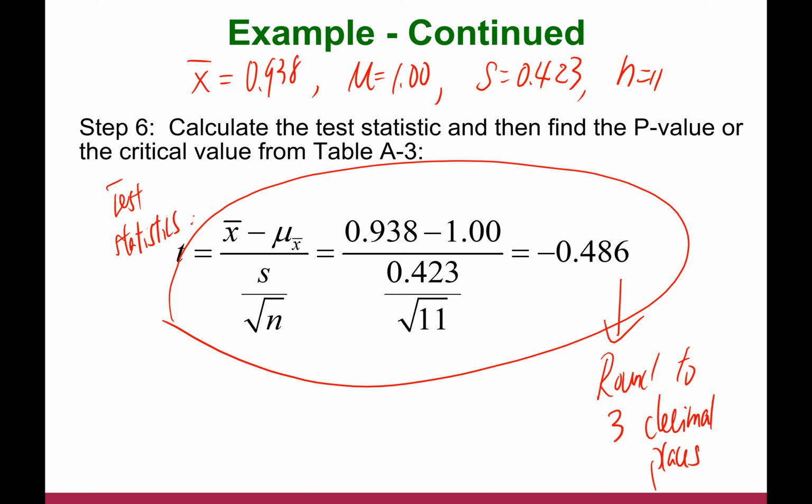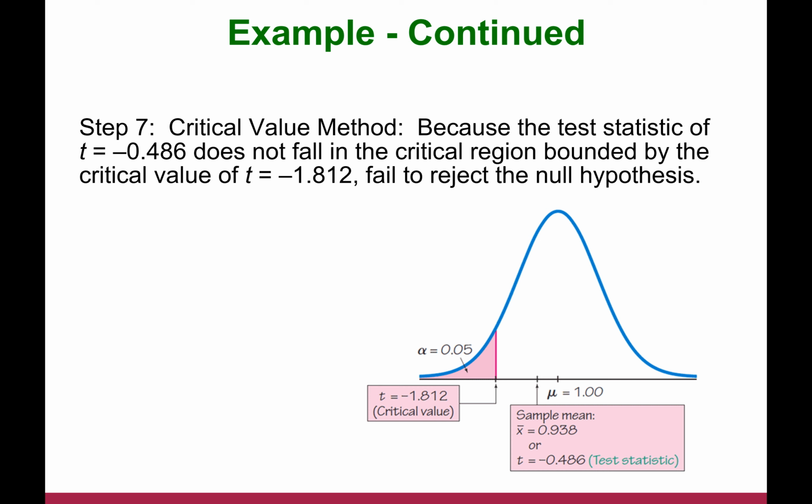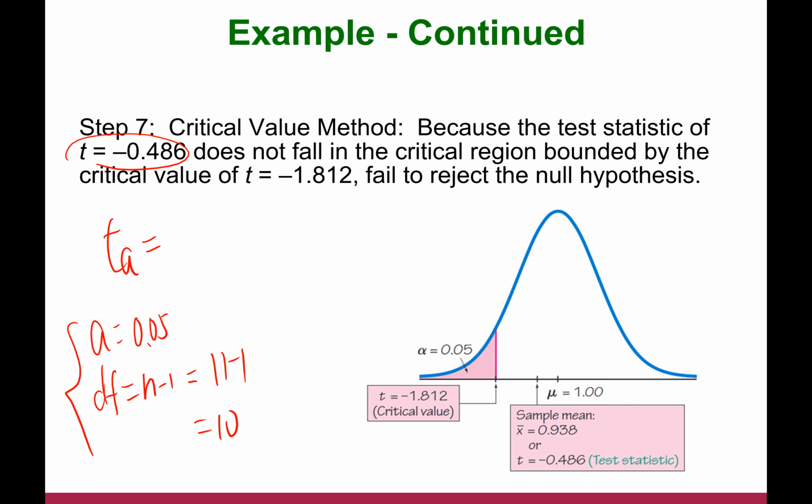Z-score we run 2 decimal places, T-score we run to 3 decimal places. Now we can use two methods. If you're using critical value method, then we have this. Now we need to find out the critical T-score, T alpha. Okay, T alpha should be, see, alpha is equal to 0.05, degree of freedom equals sample size minus 1, which is 11 minus 1, 10. According to those two, we go to table A3.